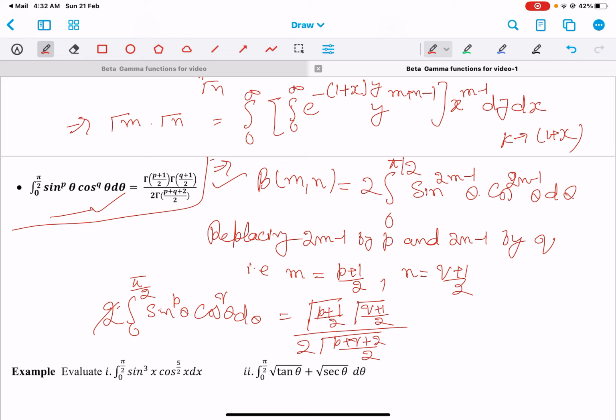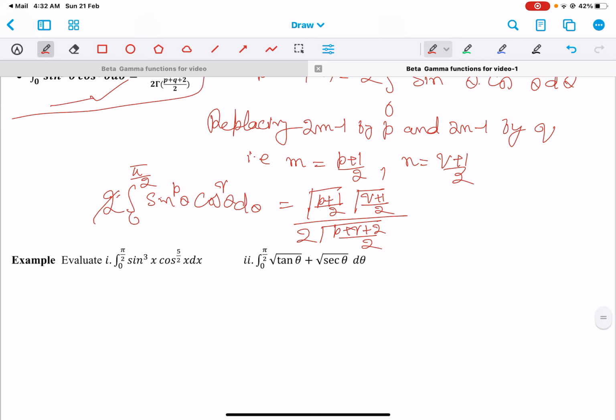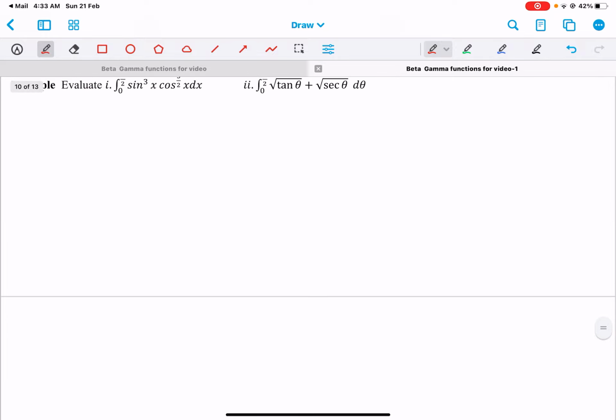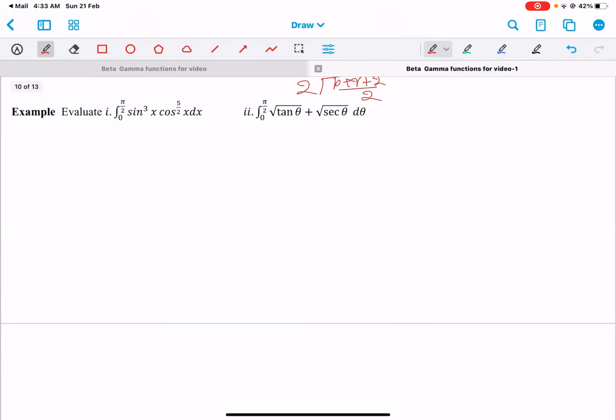Now see some examples. I want to evaluate this integral: integral 0 to pi by 2 sine cube theta cos 5 by 2 theta.